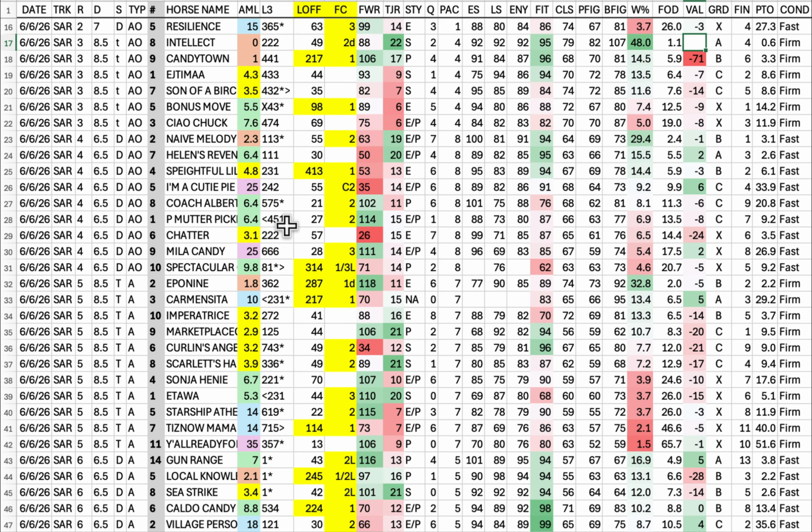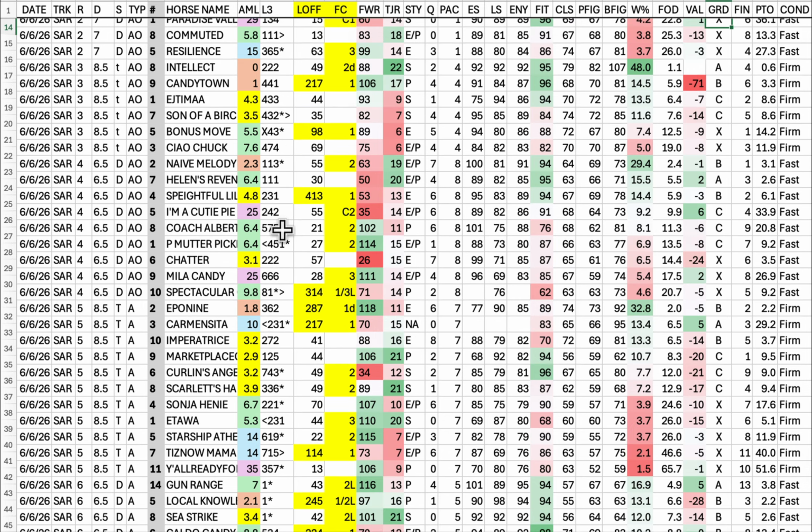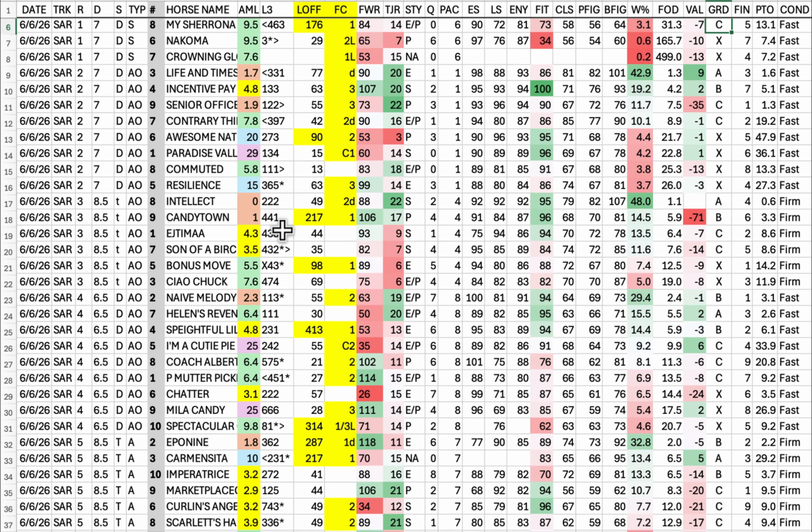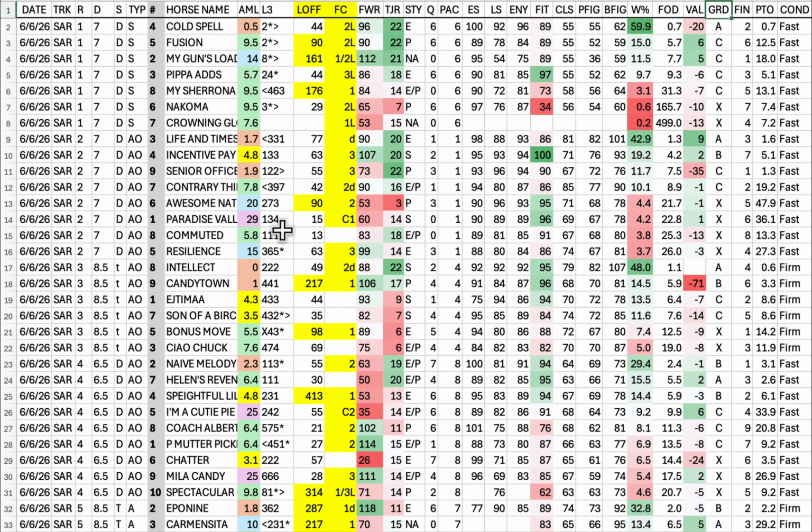This is all in flux and changing. This Naive Melody was the horse with the best value and was the A horse. So this has changed. Probably when I adjusted the morning line. It could be why. But this is a work in progress, okay? But the value column is very, very important.